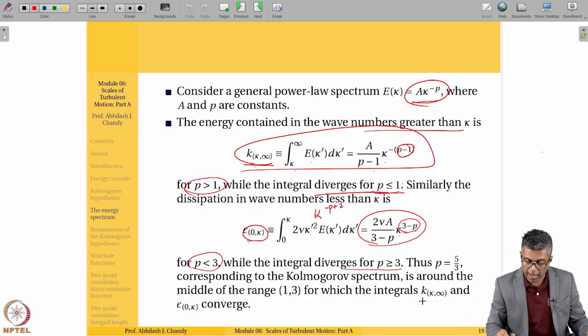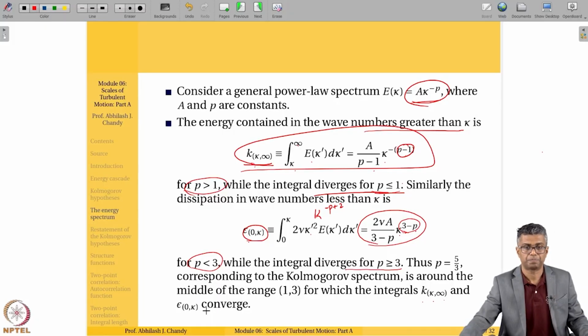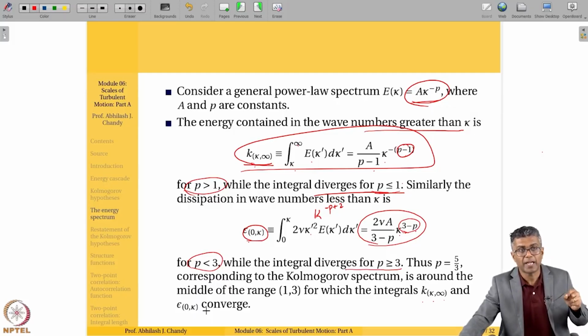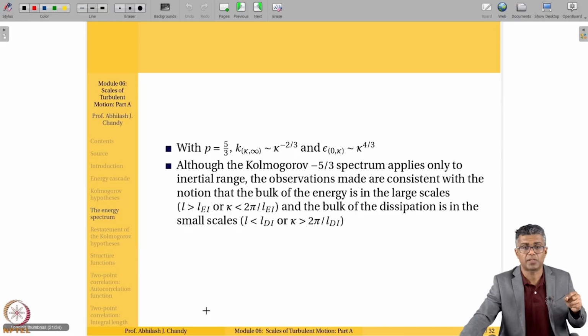So K, turbulent kinetic energy, kappa to infinity, and epsilon, 0 to kappa, they converge. So that is what I have. So minus 5/3 does indeed make sense.